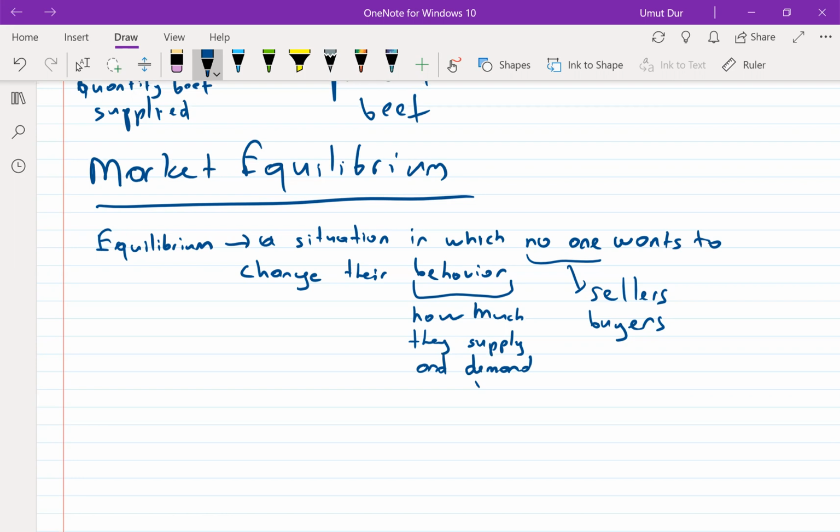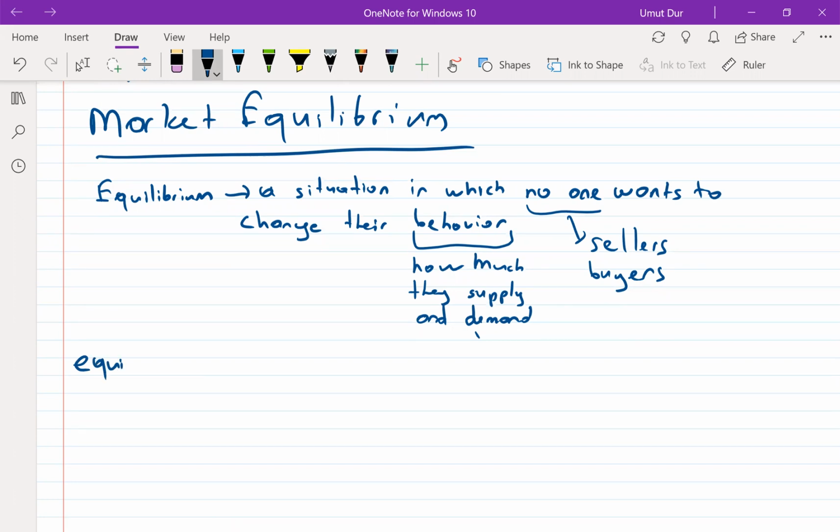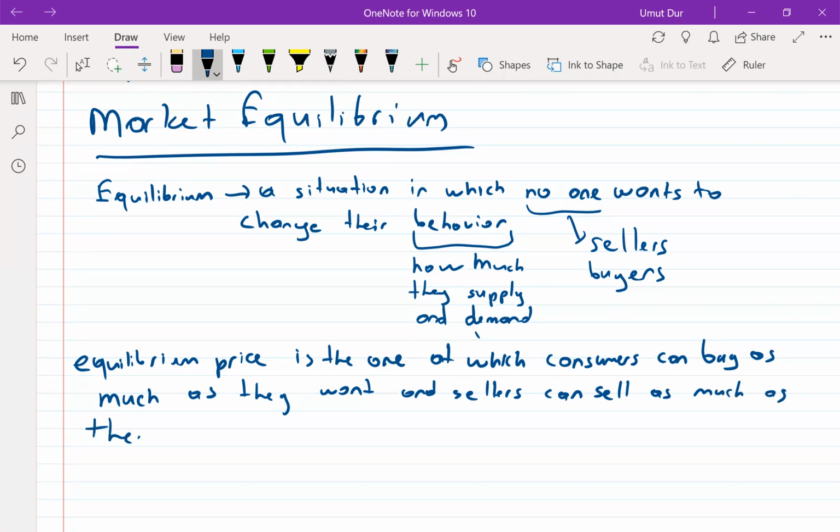So the market equilibrium price is the one at which consumers can buy as much as they want and sellers can sell as much as they want.